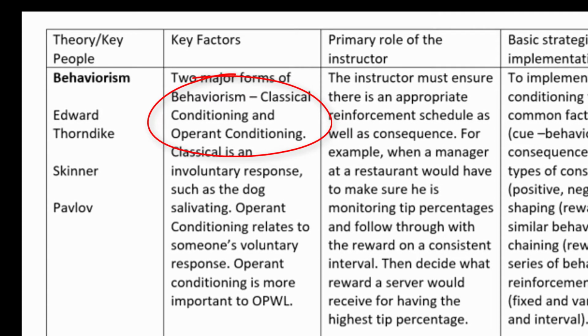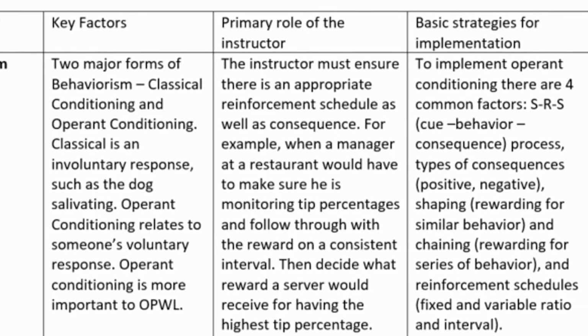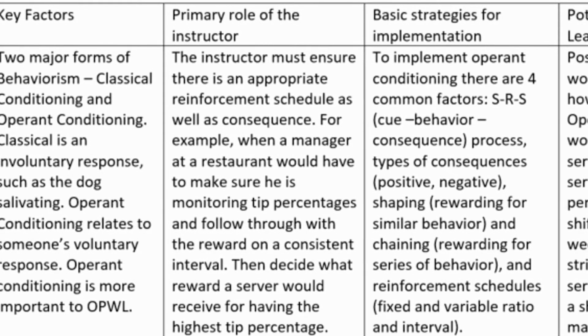Since classical conditioning refers to involuntary responses, that has less applicability to the contemporary workplace, although it does have some usefulness. As our example shows, this student references the differences between classical and operant conditioning in her own language. The column, primary role of the instructor, is referring to a trainer in the workplace.